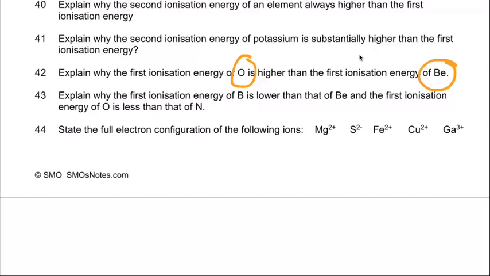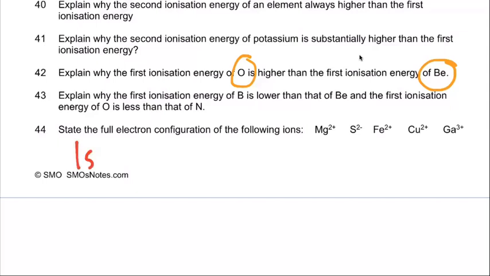On 44, I had a question with the last two, with the copper and gallium. Okay, so copper is one of our exceptions, but let's start off by doing their regular electron configurations. For gallium, where is gallium? Gallium is 31.